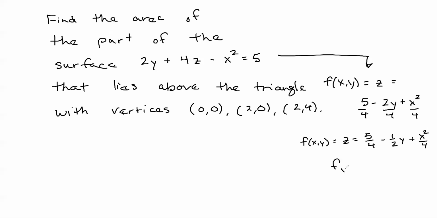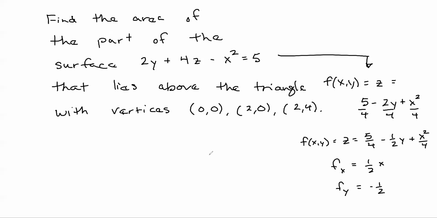And then the partial with respect to x, derivative of 5/4 with respect to x is 0. So we're going to get 1/2 x. Partial with respect to y, negative 1/2. And then we can take those and create our formula.